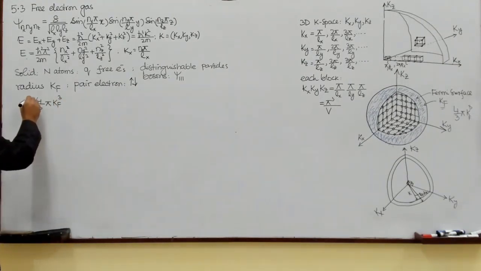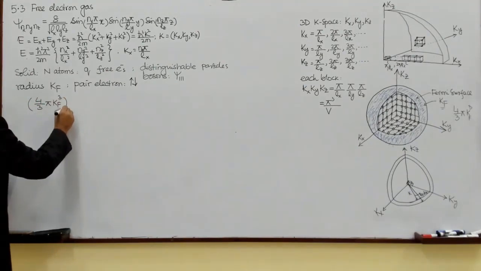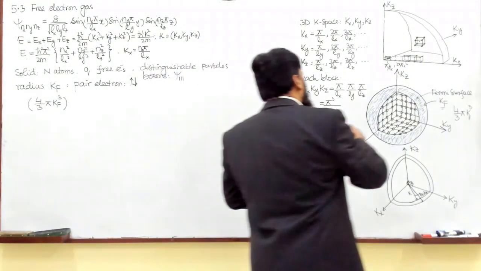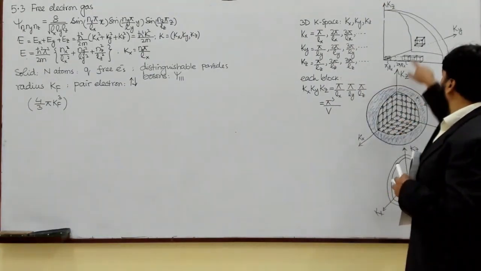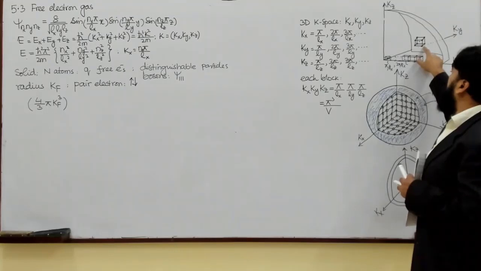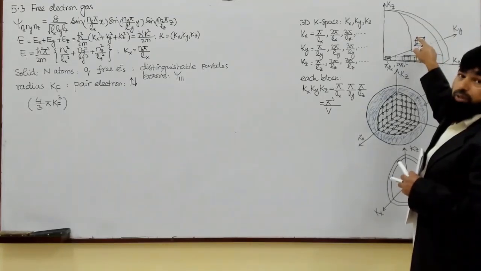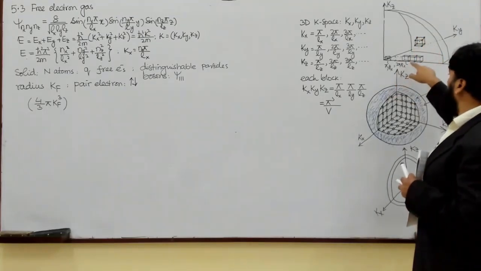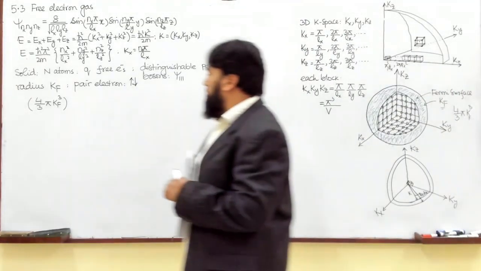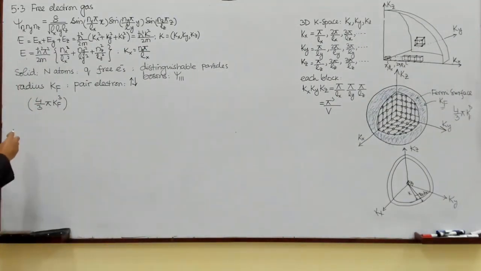And now inside this volume I consider one block, and this one block has 1/8 of the sphere, because each block is connected on those sides, up and below, left and right.